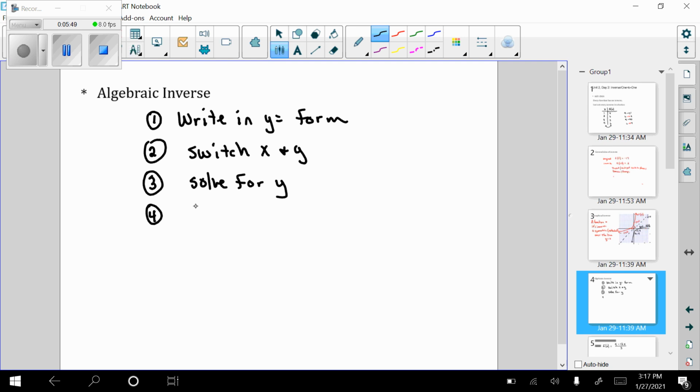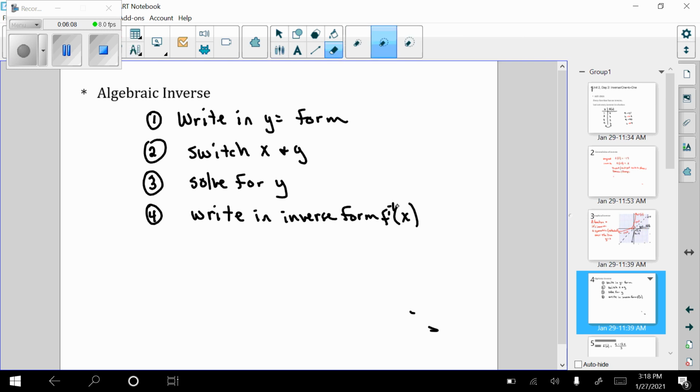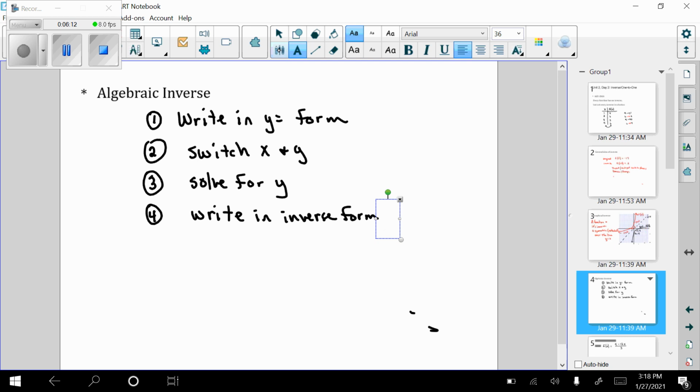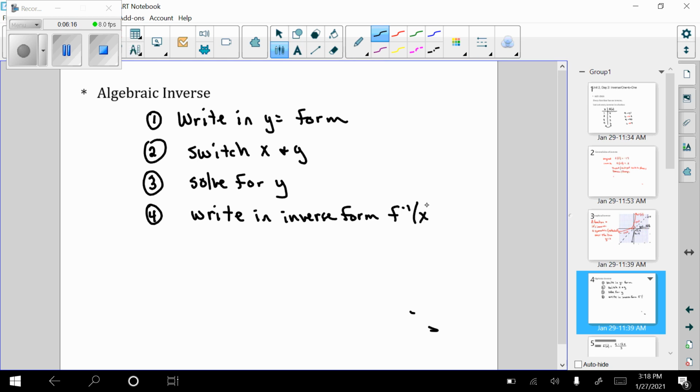And the fourth step is to finalize it. You're going to write in inverse form. We change the y to f inverse of x. Let me write that for you. So inverse form is f inverse of x instead of y.